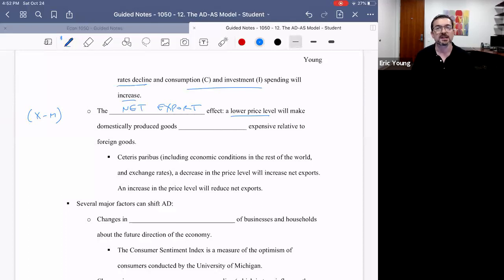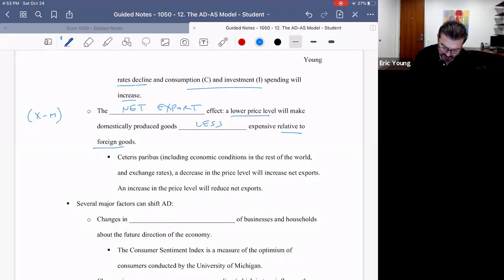A lower price level will make goods that are produced in this country less expensive relative to foreign goods. So if the overall price level here in America falls, then domestically produced American products will be relatively less expensive compared to foreign products.